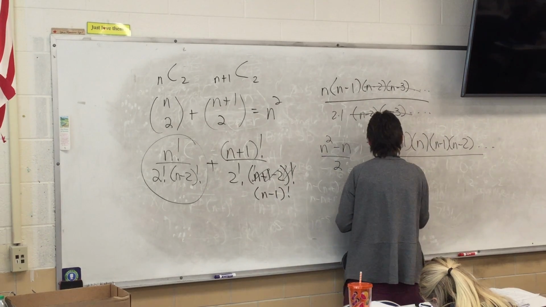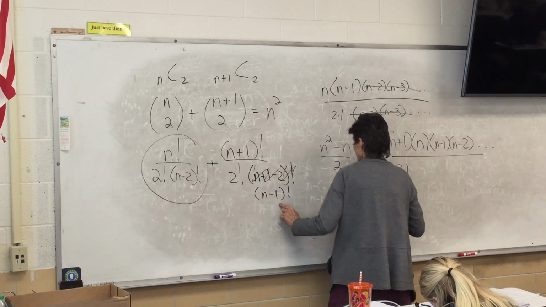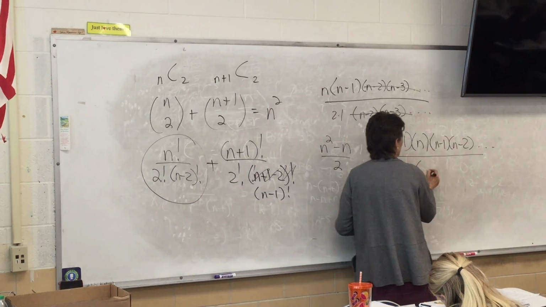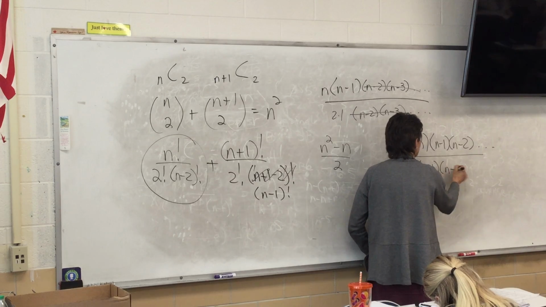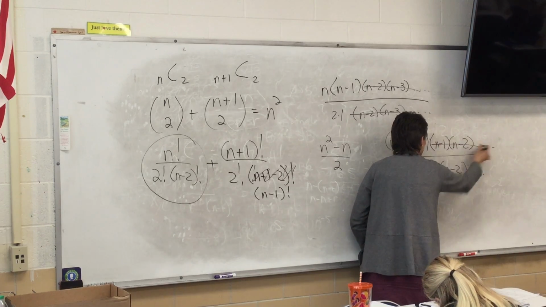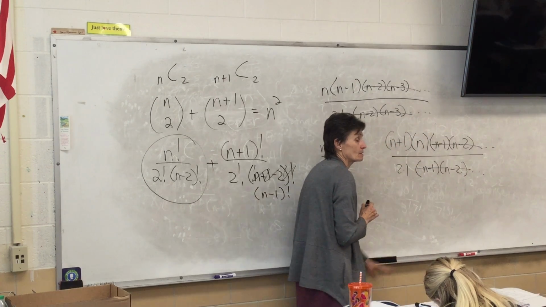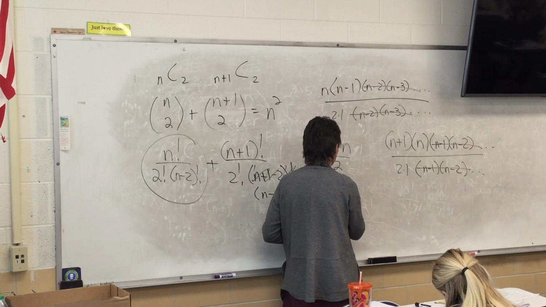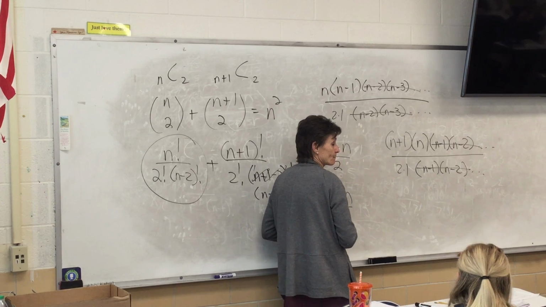Over 2 times 1. And then what's n minus 1 factorial? N minus 1, n minus 2, dot, dot, dot. Again, all that cancels. So from my first fraction, I had n squared minus n over 2.